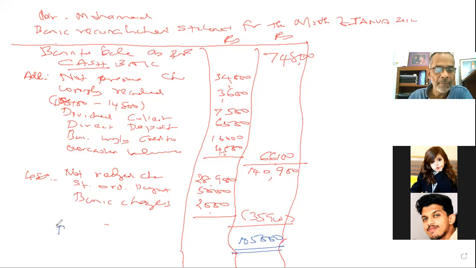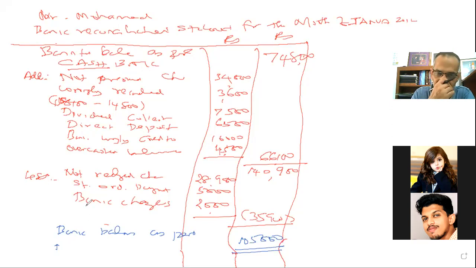What is that answer? Bank balance as per the what? Cash book balance. No, already I have started. Look at here, balance as per the cash book I have started.